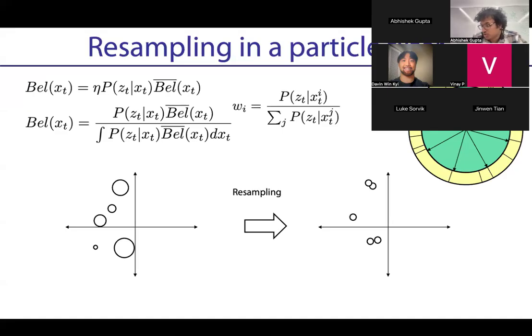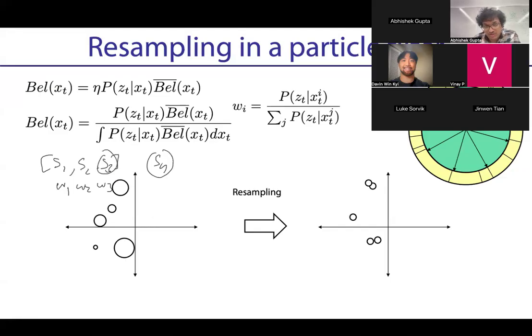Right? So remember that what resampling is not going to do is create a new particle position. Right? So let's say our particles were at positions S1, S2, S3, and they had some weights W1, W2, W3. It's not going to create a new S4 that you haven't seen. What it's going to do is duplicate S3, right?